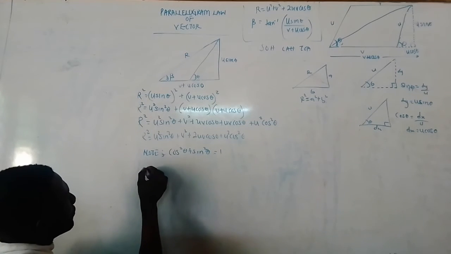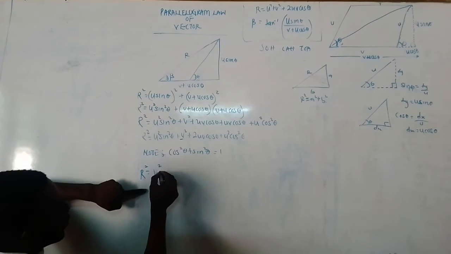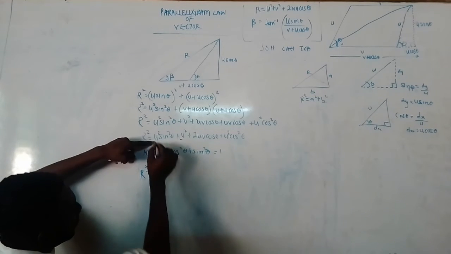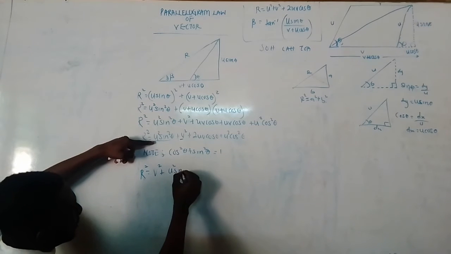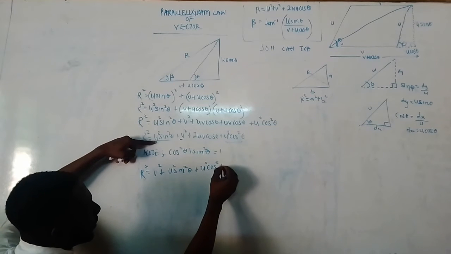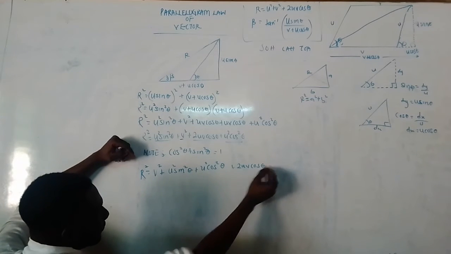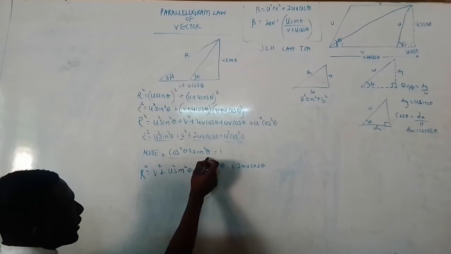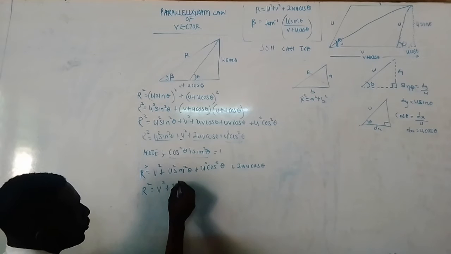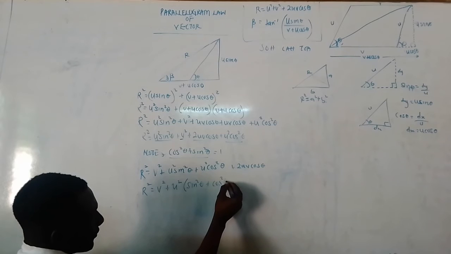So from this place we have R squared. Let's bring out V squared, plus U squared sine squared theta, the other side plus U squared cos squared theta, and the last one 2UV cos theta. Can you see that now? Now we know that sine squared theta plus cos squared theta equals 1. So R squared is equal to V squared plus U squared, factorize it, sine squared theta plus cos squared theta.